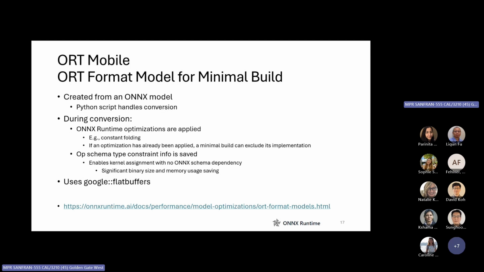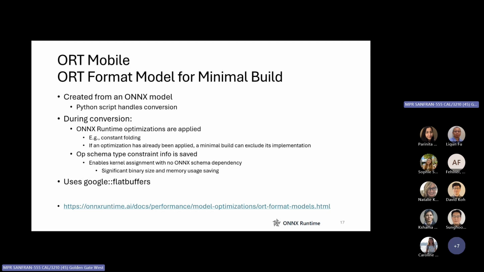Now, for a minimal build, as mentioned, we need to use this ORT format model that is created from a source ONNX model, and we have a Python script that does that conversion. It also generates those config files mentioned in that previous slide for the reduced operator types. During conversion, some things happen.